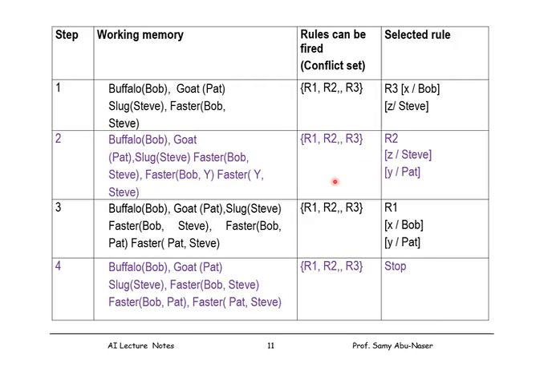R2, if you remember the rule, says if Y is goat and Z is slug, then faster Y and Z. So we can substitute Z with Steve and Y with Bat, since rule 2 has Y with Bat.